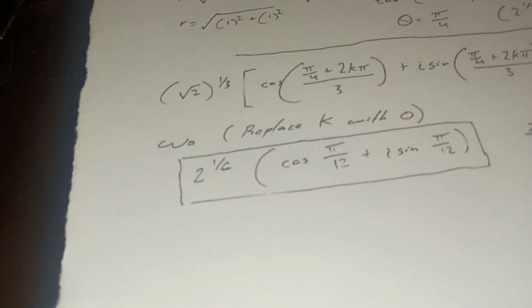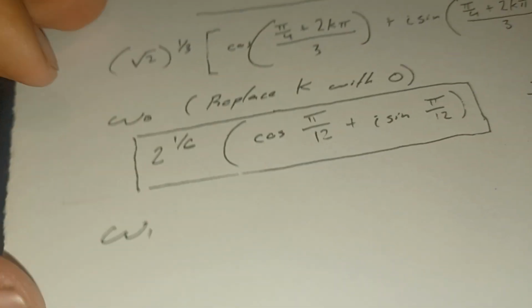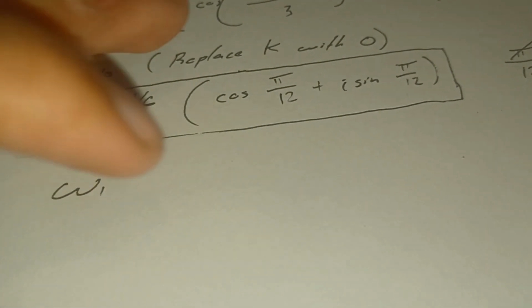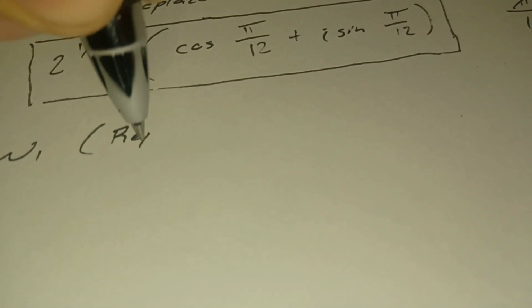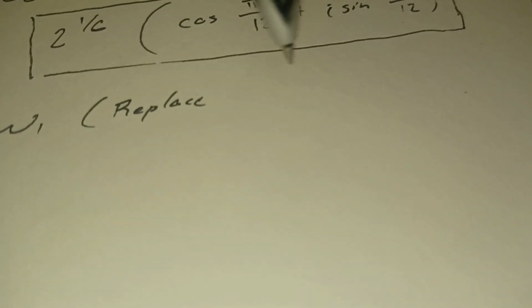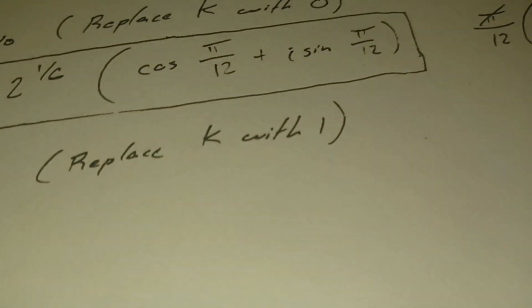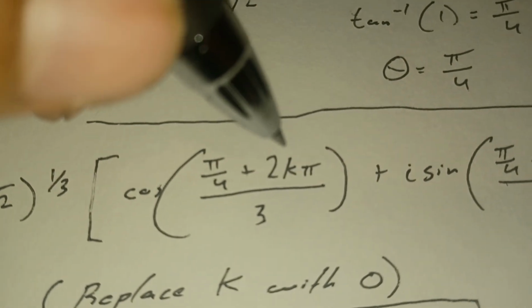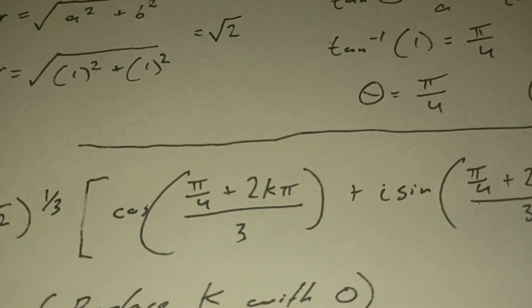Let's do the second one, which is w sub 1. We have a 1 here, so what does that mean? Basically, just replace k with 1. So let's go to our formula: pi over 4 plus 2 times 1, which is 2, times pi, which is 2 pi, divided by 3.